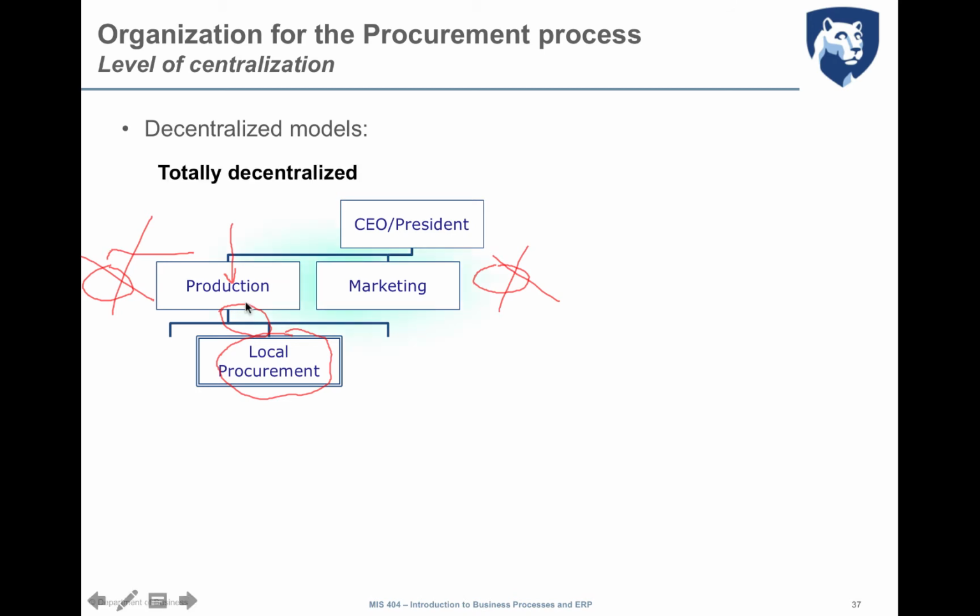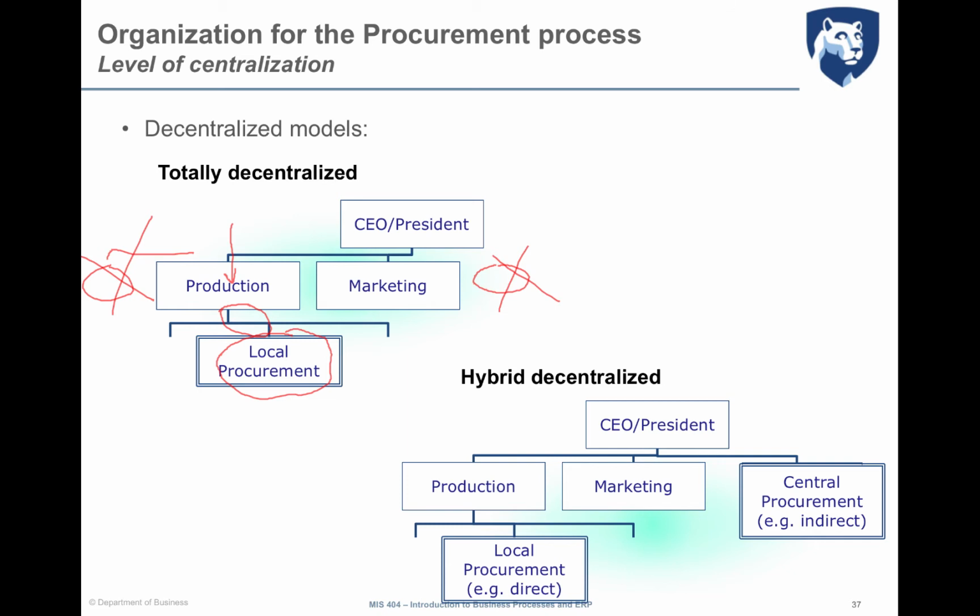And it is the totally decentralized model, which is quite different from what we call the hybrid decentralized model, which is similar to this one, but we have a central procurement department which has been given responsibility for some categories, like for example indirect purchasing, services, all that is transversal and common to different functions.